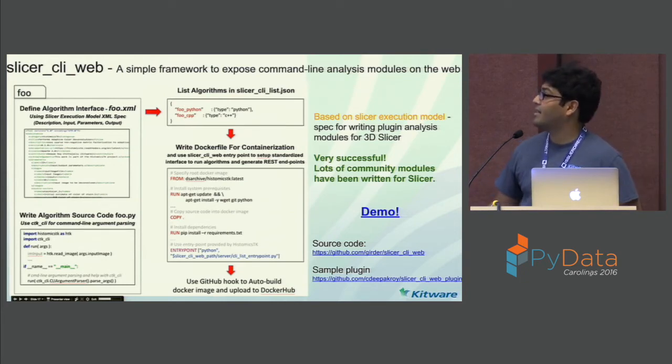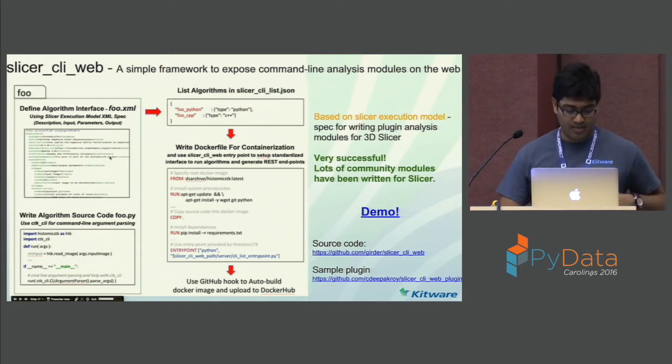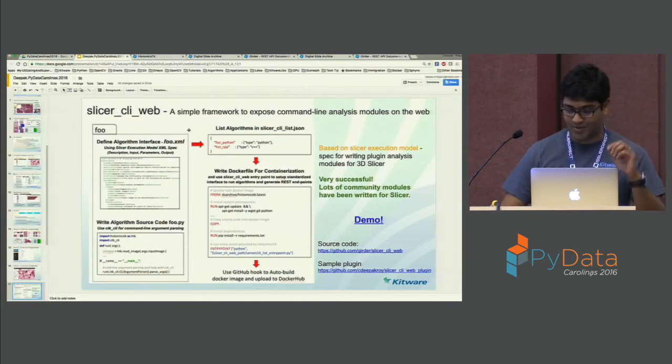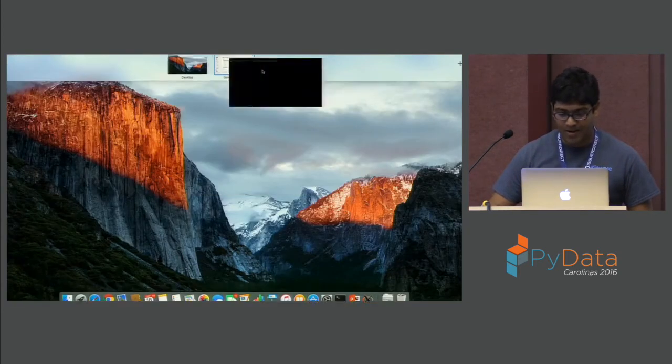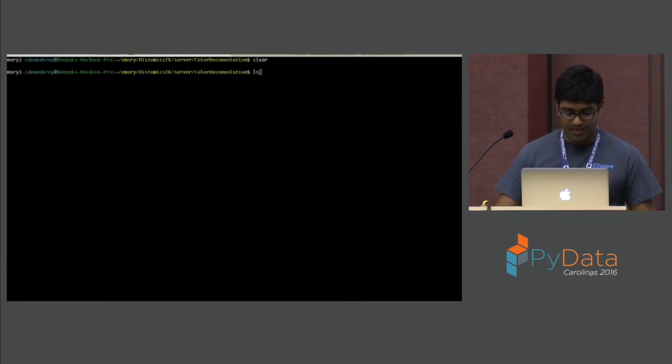They write an XML file which describes the inputs, the types of the inputs, the parameters, any default values, and the outputs of the algorithm. And then they write their code, which basically adheres to this XML spec. So let me quickly show you on command line how this works.